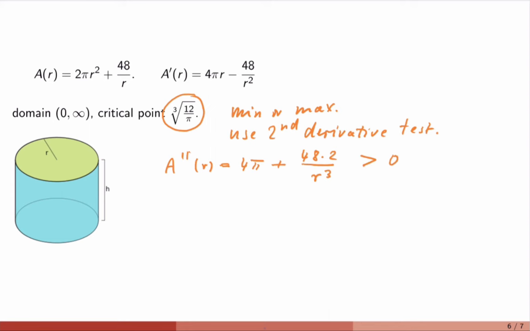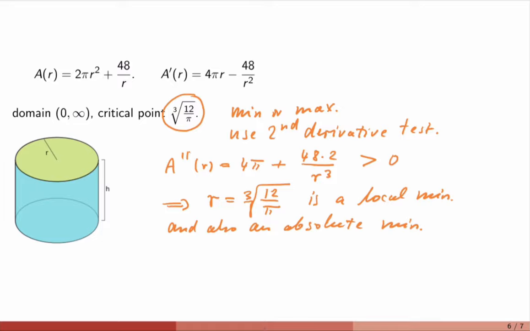That's all I need, because then I know that r equal to the third root of 12 over pi is a local minimum. And also an absolute minimum, since there are no other critical values in this open domain. Perfect.